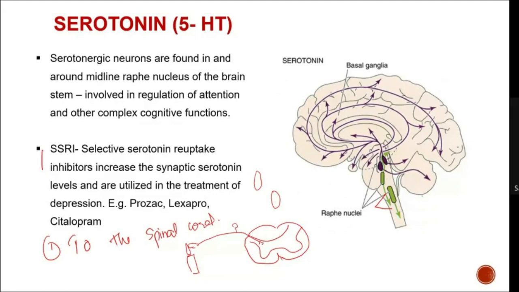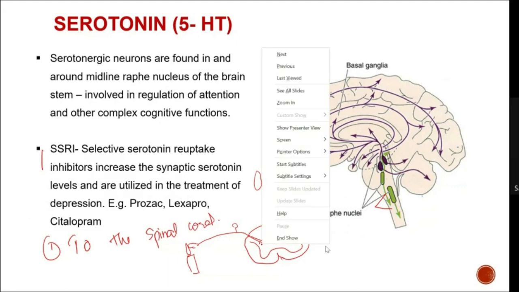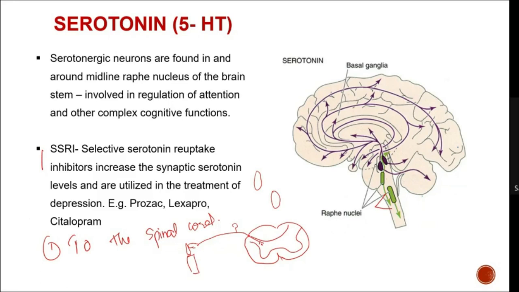So these pain fibers come through the dorsal root ganglion, go to the substantia gelatinosa in the spinal cord, and from here they go to the cortex and give you the information: oh my God, we got a pain here.